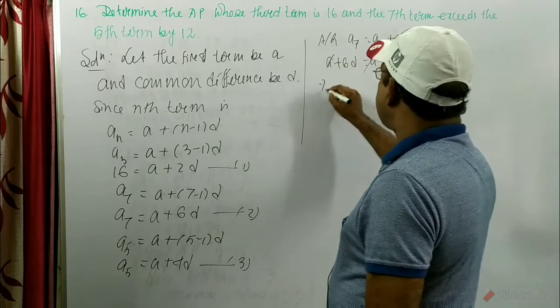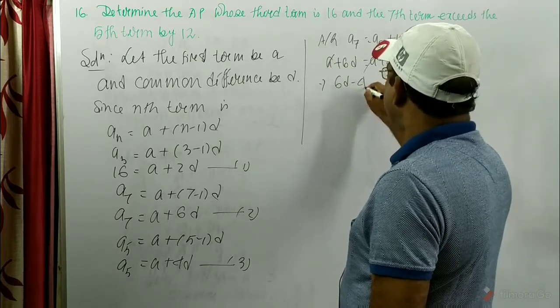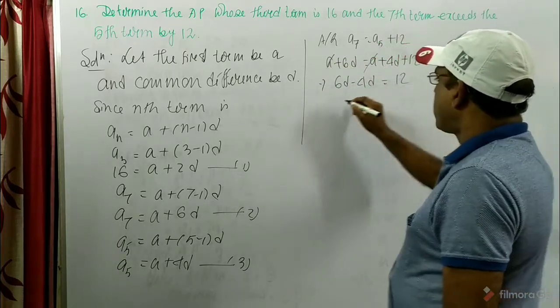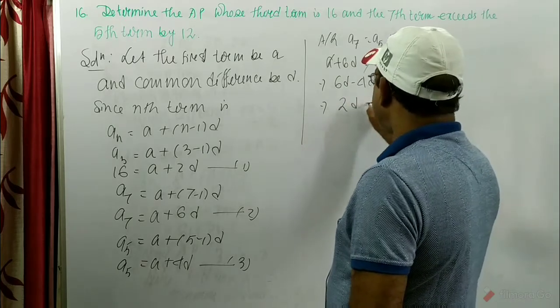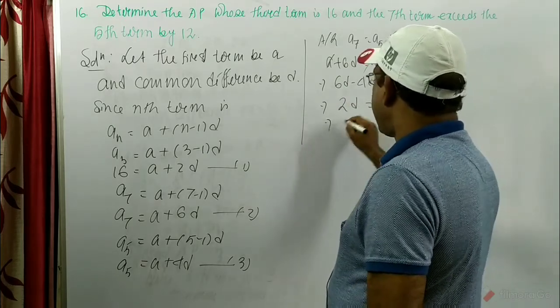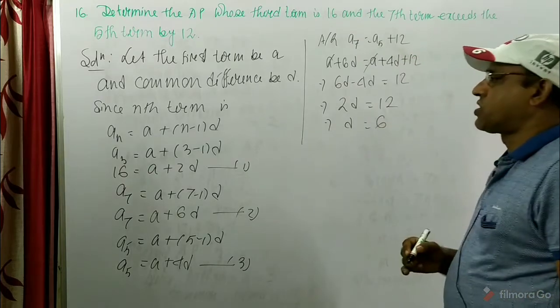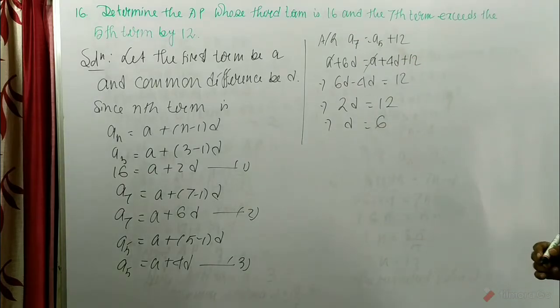A cancels, 6D minus 4D equals 12, so 2D equals 12 and D equals 6. We get the value of D as 6.